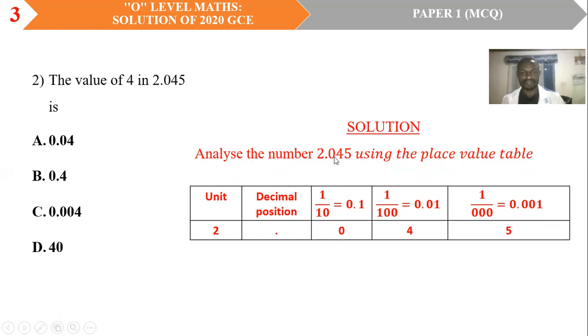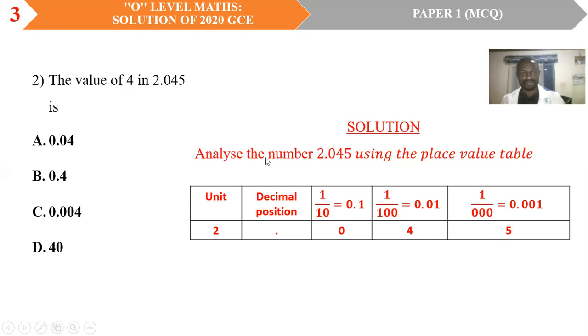And the first digit after the decimal position gives the 10th value, which is 0.1, 1 decimal place. The second, which is 4, represents the 100th value. We call it 100th, which is the same as 0.01, 2 decimal places, and so on.